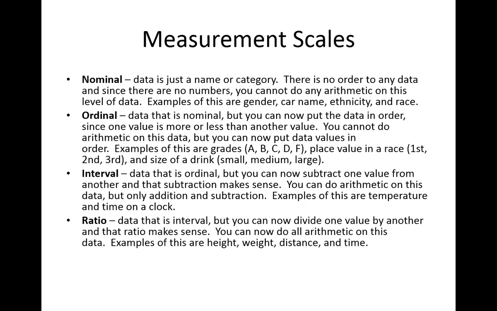Those kinds of data are all really just descriptive. They're qualitative. Notice that the numbers first, second, and third don't indicate a count or a measurement. Place is what it is.